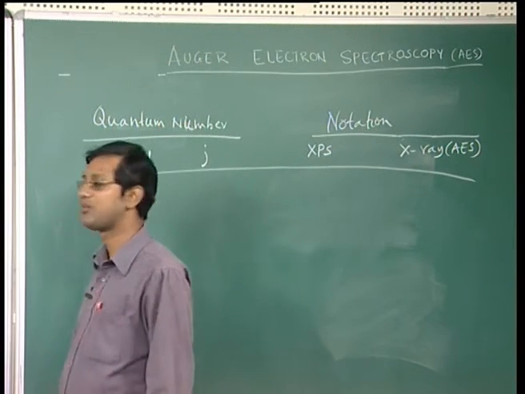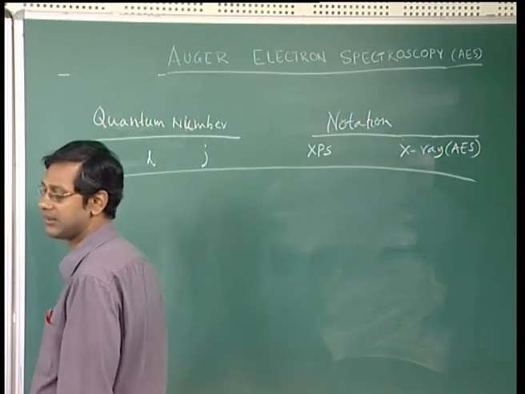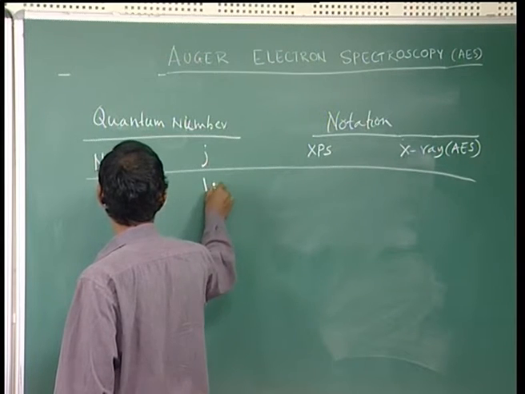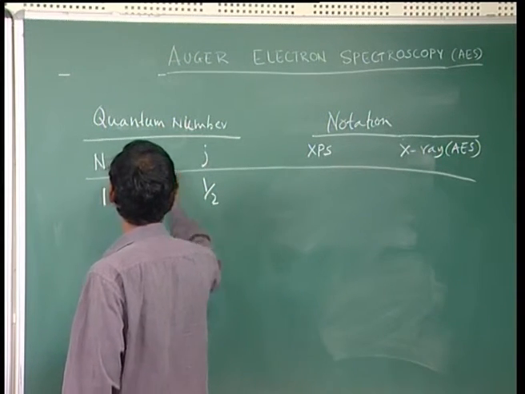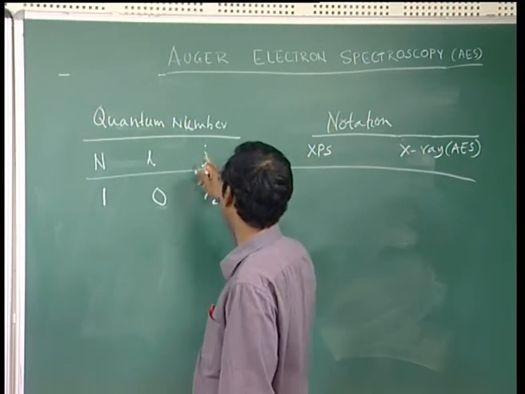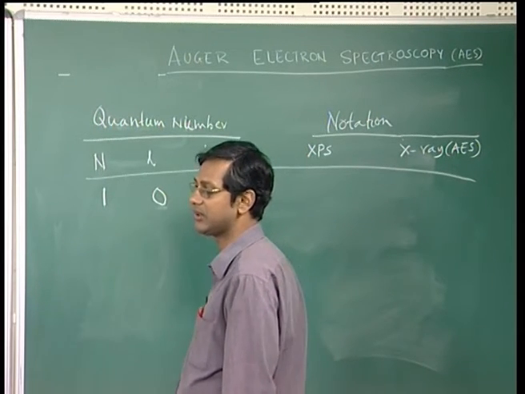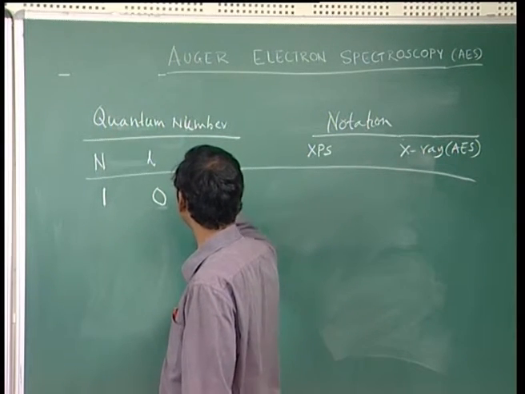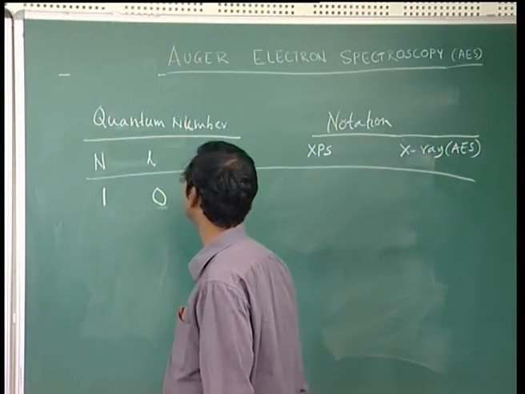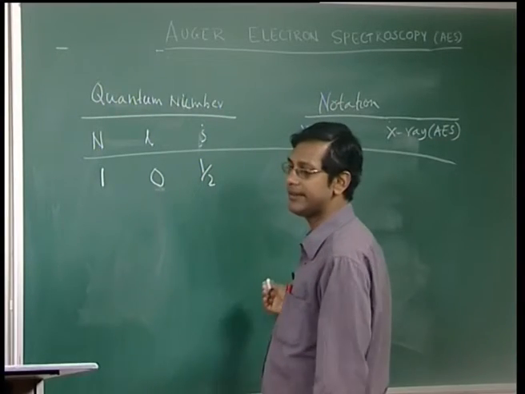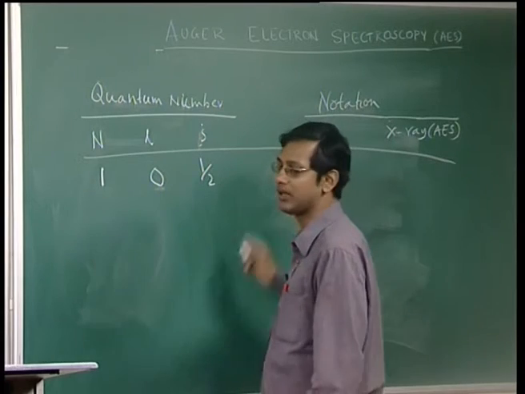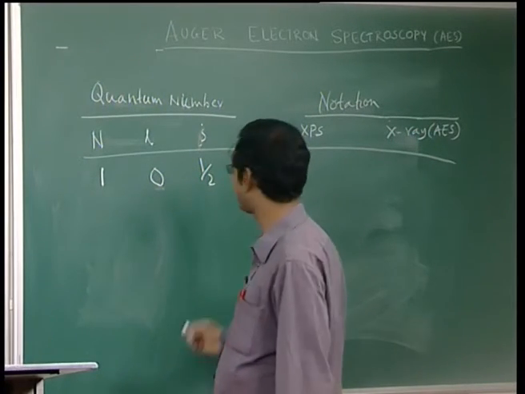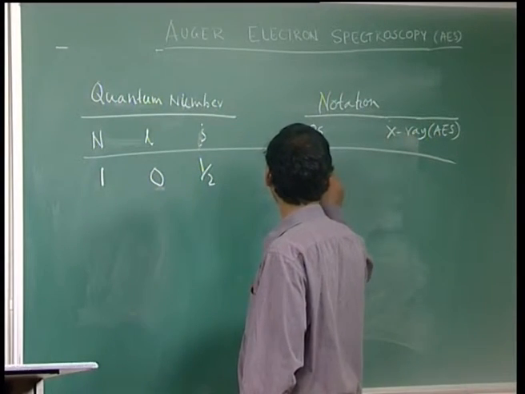So let us suppose quantum number n equal to 1, l equal to 0 and j equal to half. l is the azimuthal quantum number and j is the spin quantum number here. Instead of j let us use s, the spin quantum number. And then what do we use? We use 1s half.